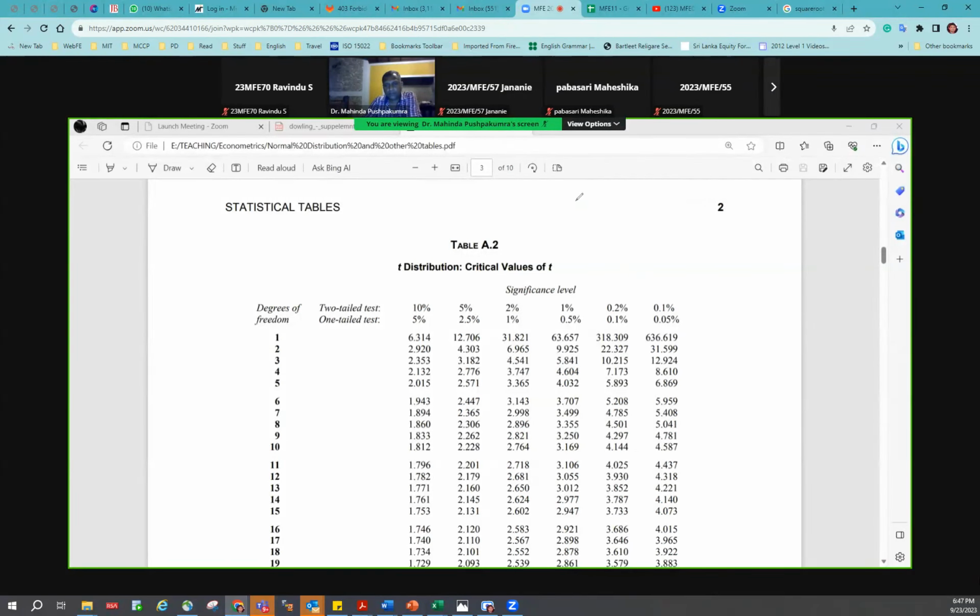Okay, then I write the formula for the confidence interval again: plus or minus T alpha over 2 times the sample standard deviation over the square root of 10. These values we know. Alpha actually stands for the level of significance. It may be 5%.